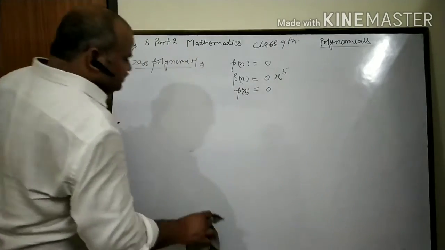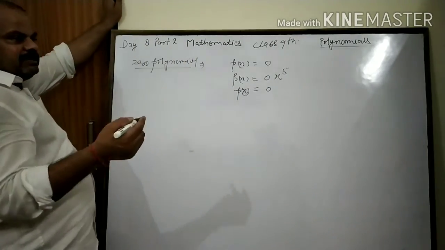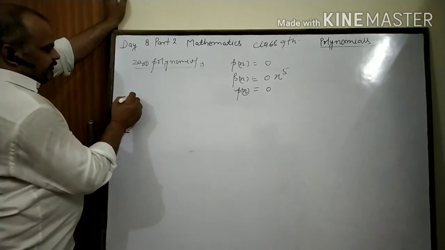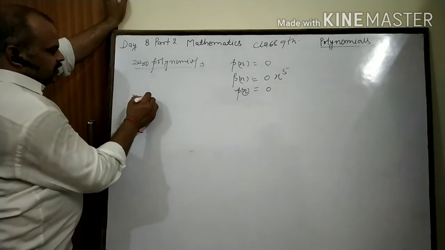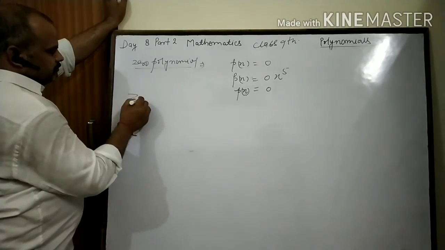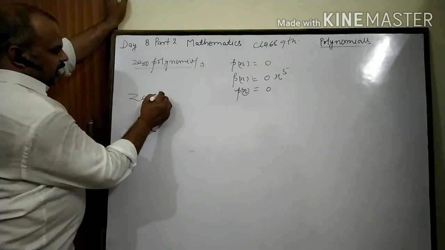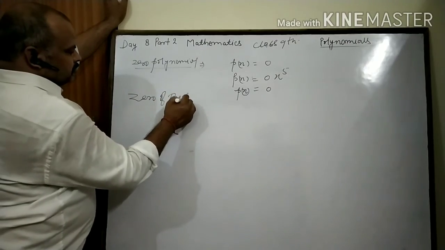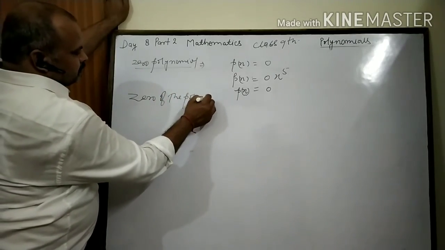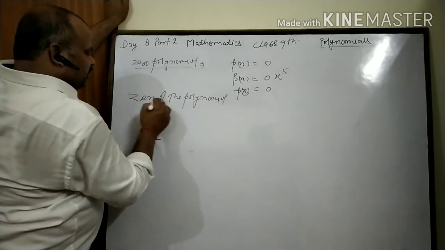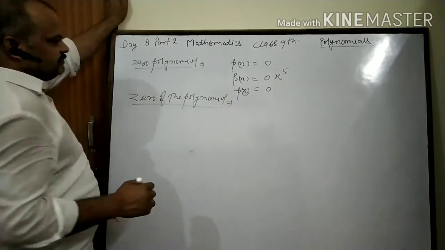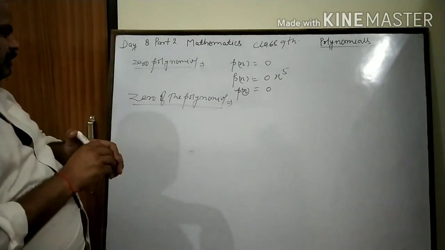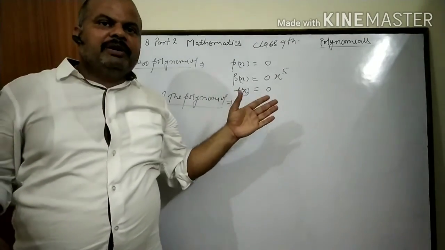Then after, the zero of the polynomial. In exercise 2.2 we find the zero of the polynomial. It means we can find the zero of the polynomial, it is a particular value.